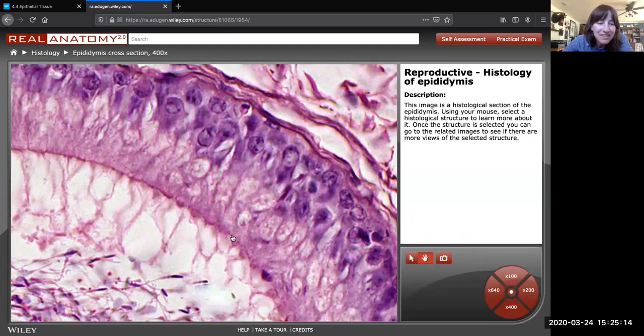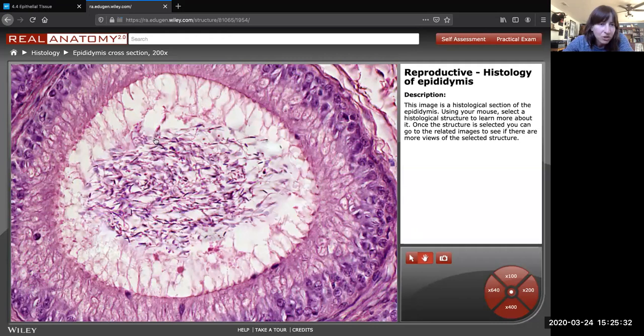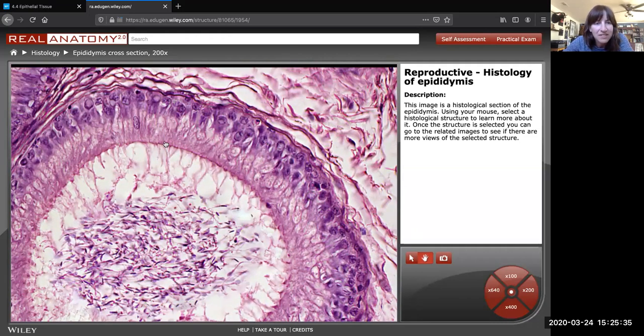Okay, so this is an example of pseudostratified columnar epithelium. You can tell because there is not a nice single line of nuclei lining this duct. Instead, you can tell that it's columnar still because there are no nuclei up here, right? So you know that the cell must extend all the way from this basal membrane to this apical surface, which faces the interior of the tubule.